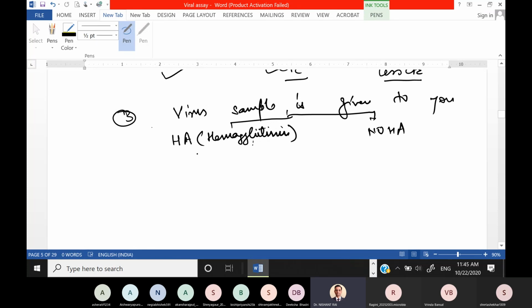The proteins present on the surface of the virus, how will you confirm? Viral surface proteins are known as hemagglutinin. The answers are all correlated with the lectures that have been taken.